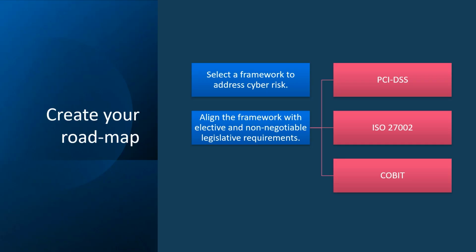There could also be the ISO 27000 series, for example 27002, which gives us the basis of information security management. We have COBIT as an example, and there are many other frameworks that we can apply and feed back into the initial framework that we've selected.